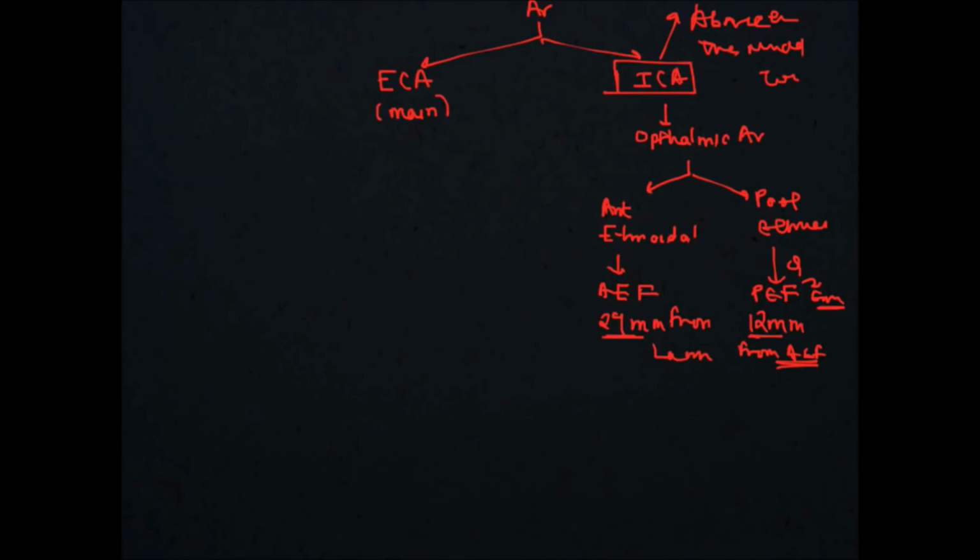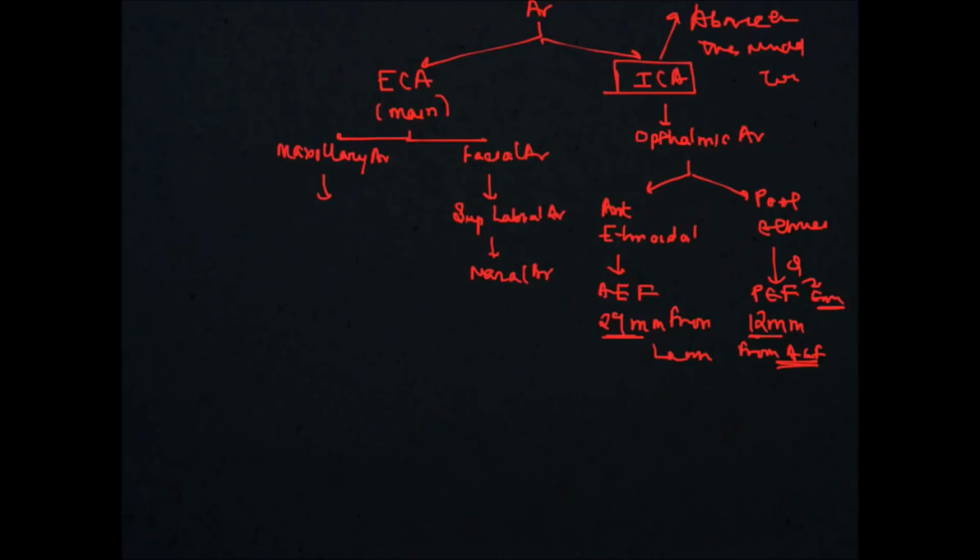Now external carotid artery. External carotid artery gives two important branches: maxillary artery and facial artery. Facial artery gives the branch superior labial artery. Superior labial artery gives a nasal branch.